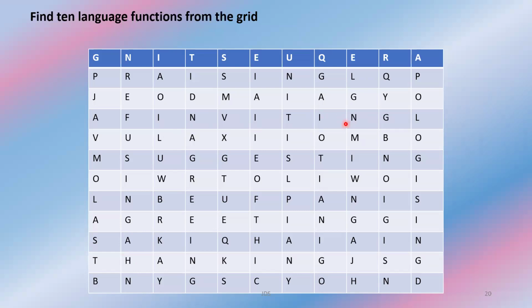Ma'am, we have praising in first row. Yes. Praising. Yeah. So two more to find. Praising, inviting, apologizing, agreeing, thanking. Something else you mentioned, right? Suggesting.